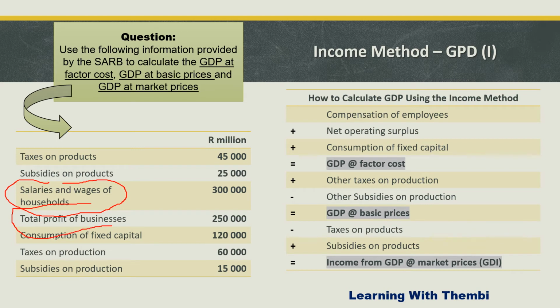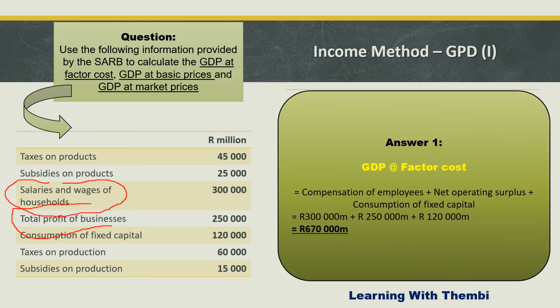Then we've got our consumption of fixed capital. So we are going to say GDP at factor cost is equal to compensation of employees plus net operating surplus plus the consumption of fixed capital. And the total is going to give us 670,000 million rand. It is important to show all the calculations.